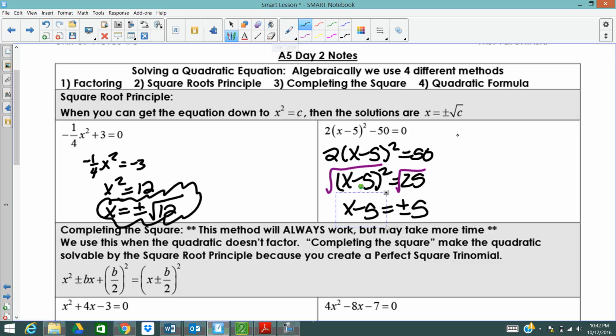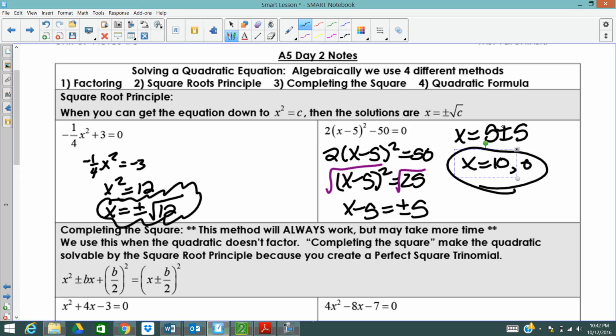So then we end up getting x equals 5 plus or minus 5, meaning x equals 10 or 0, because 5 plus 5 gave us 10, 5 minus 5 gives us 0.